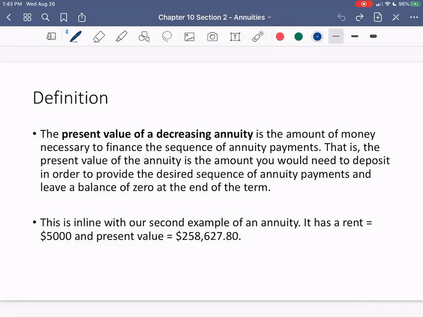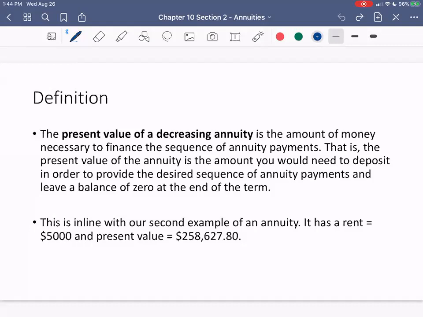So you're taking some sum of money and saying, I want to be able to withdraw this every month for the next 5 years. How much would I need? Then you can figure it that way. This goes to our second example. It has a rent of $5,000. The rent is coming to you now, it's a withdrawal. And the present value is what you start with, the $258,627.80.